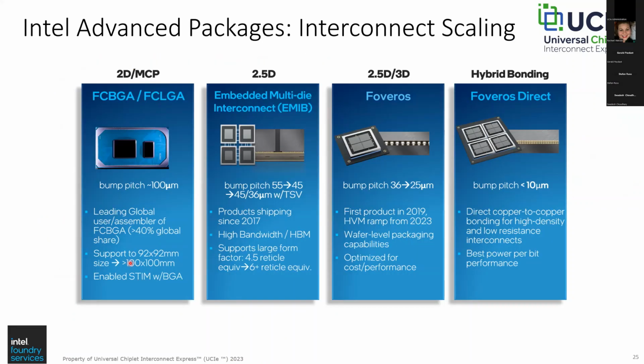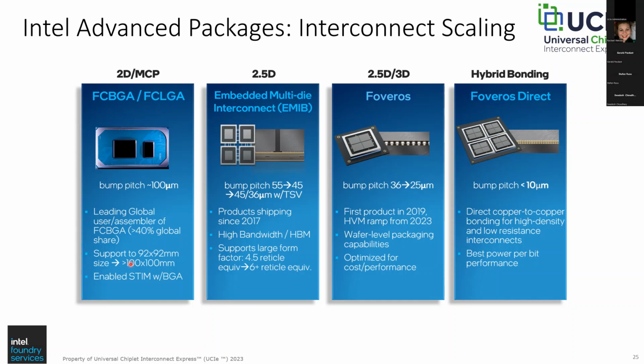Next, we switch gears to look at Intel's advanced packaging roadmap with 2D multi-chip modules, 2.5D embedded multi-die interconnect or EMIB, and 3D stacked Foveros solutions in mass production today, and hybrid bonding-based Foveros Direct in development.